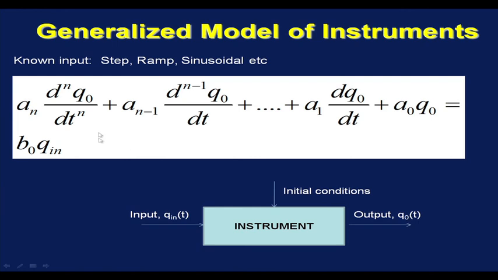We have an nth order ODE in output or in Q0, and this is the input with known functional form. So, if I solve these equations with known input and initial condition, I will get output. So, the dynamic response can be studied with the help of such an equation.